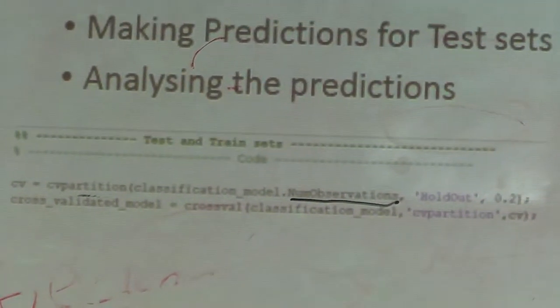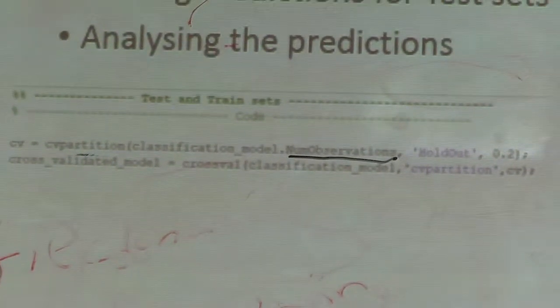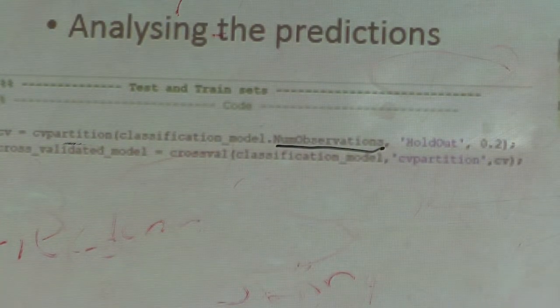I told you the number of observations for the entire data is 400. By default, you use all of them to do the training, which you shouldn't do. Now, I want to keep some data aside for testing. I just want you to use a certain pure data for training, and pure data for testing. That's what I want you to do for me.